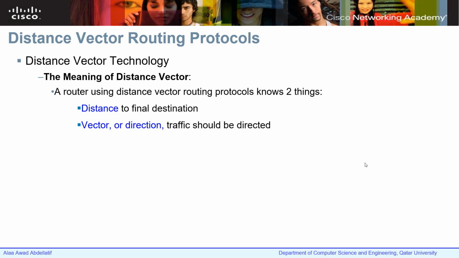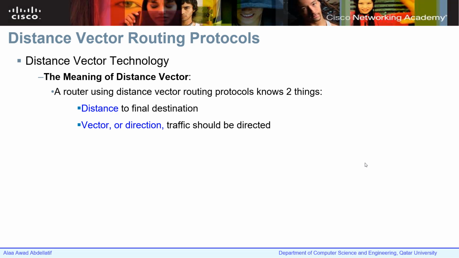As I said last time, a distance vector routing protocol uses a distance vector to select the best path. And this distance vector contains distance. So in distance vector routing protocols, we have to know the distance to the final destination between each node from the source to the final destination, and the direction or vector that the traffic should be directed.